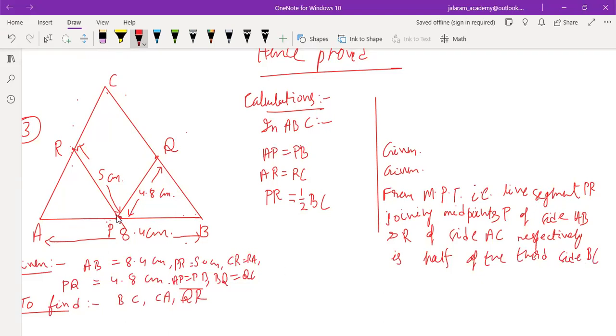If we have taken the midpoint of AB as the first midpoint, R of AC as the second midpoint, now the third side is BC only.